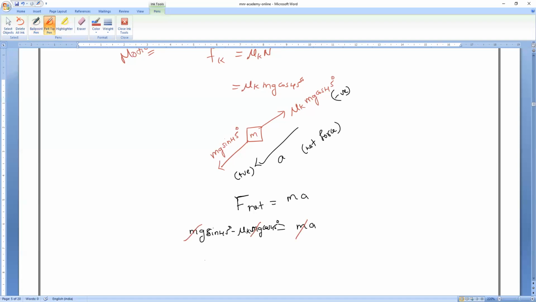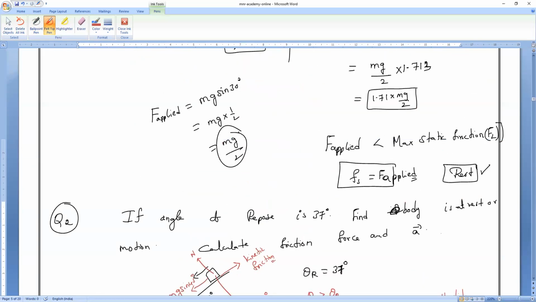What is remaining is g sin 45 minus mu k cos 45, which equals a. Am I right? Yes. So then we can find what they are asking.